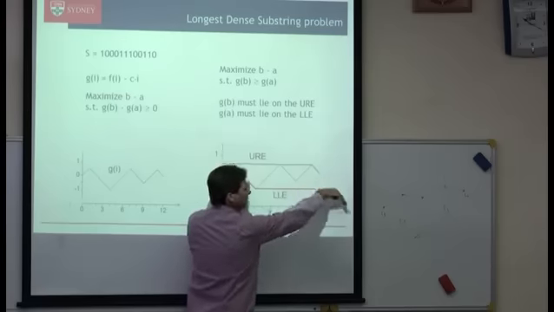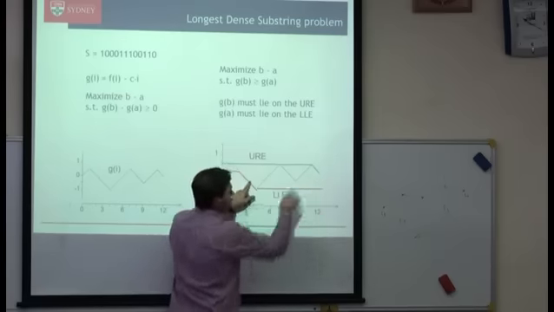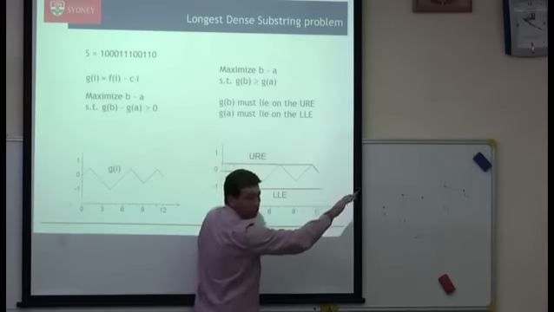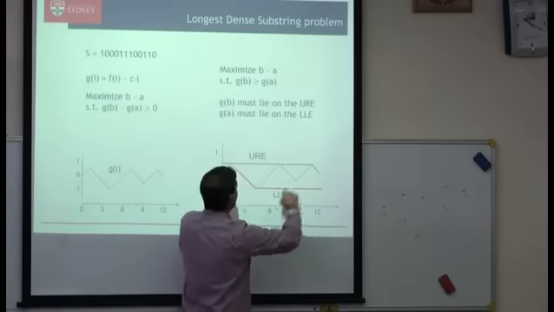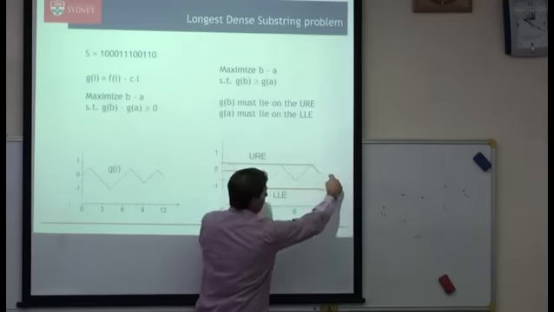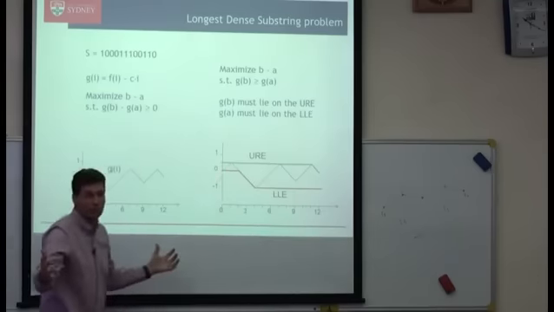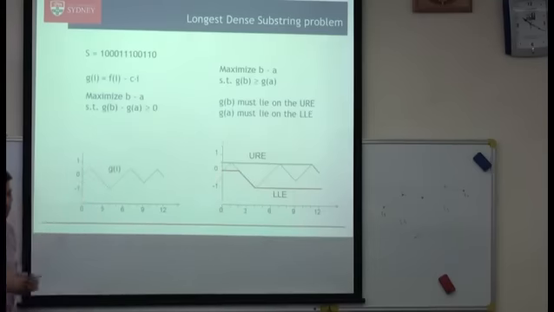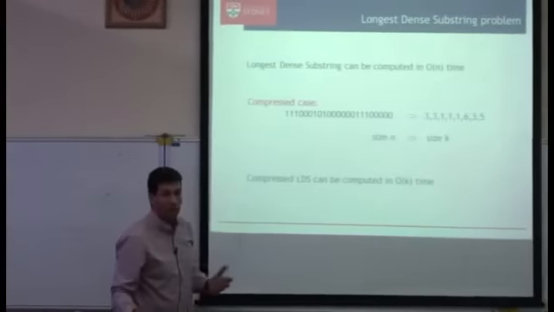Now this is a decreasing monotone function, so if I continue walking, that means that I will only walk further along the upper right envelope. So I will walk here and I will walk here, and at each point I can see what is the longest consecutive subsequence. Right? So it's very simple, right? And this you can do in linear time.